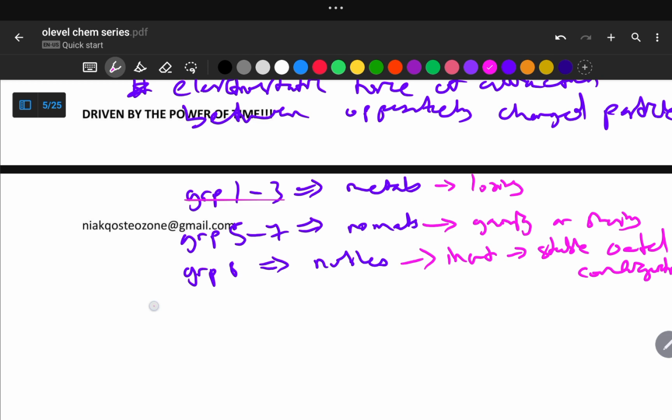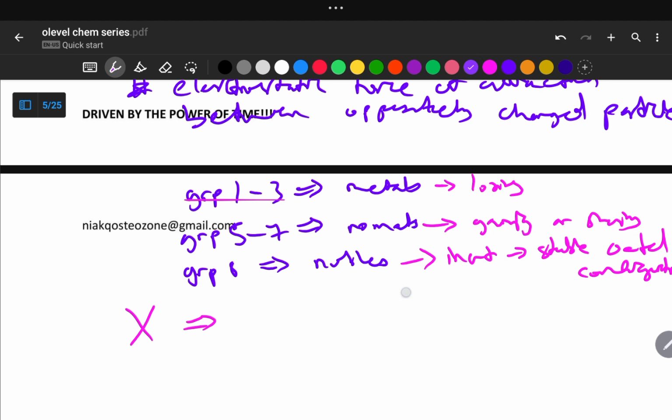So let us say you are given that we are reacting element X, which is not there on the periodic table. What are you going to do? How are you going to understand the type of the bond within that given compound? First you need to understand how to derive the group number from the electronic configuration. We did electronic configuration, and we defined it as the arrangement of electrons in their electron shells, right?